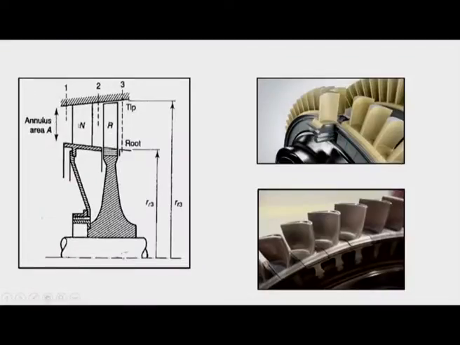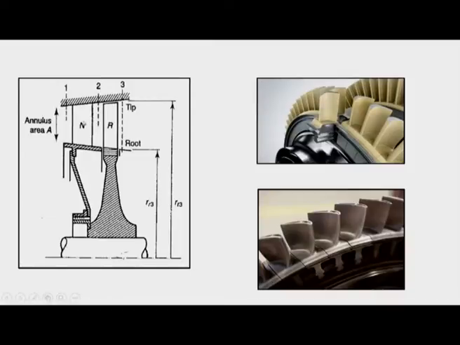When the flow enters the nozzle, as the name suggests, the nozzle's job is to increase the kinetic energy of the flow. Here we expect a decrease in pressure and an increase in velocity. This high velocity flow then flows over the rotor.